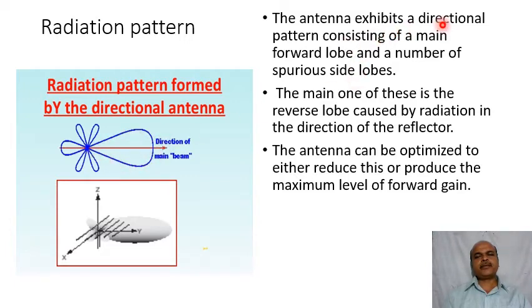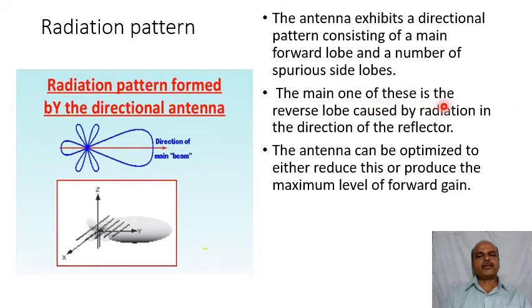The antenna exhibits a directional pattern consisting of a main forward lobe and a number of spurious side lobes. The maximum direction of radiation is also called the main lobe or major lobe. These are the side lobes and this is a back lobe.